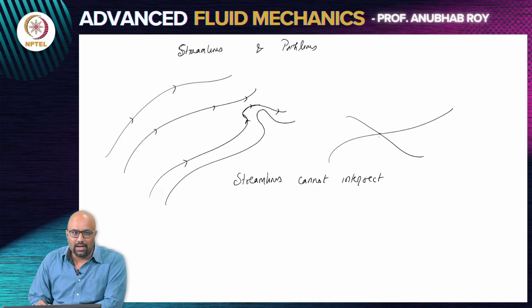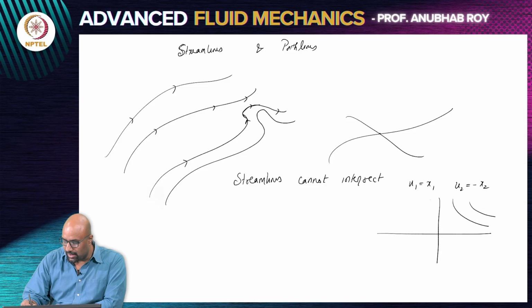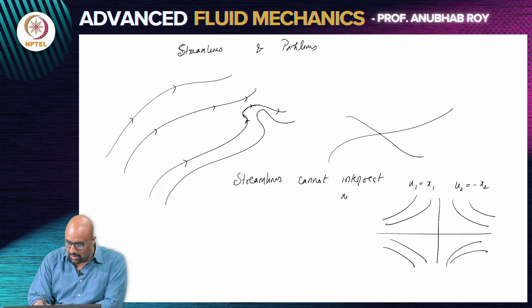There is one exception, and that exception is something that we have already seen in a problem that we worked out in the previous lecture. If you have a velocity field of this particular form, the streamlines are rectangular hyperbolas because the equation for the streamlines turned out to be x1 x2 equal to constant.